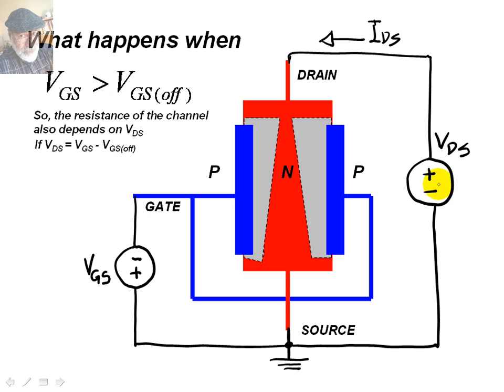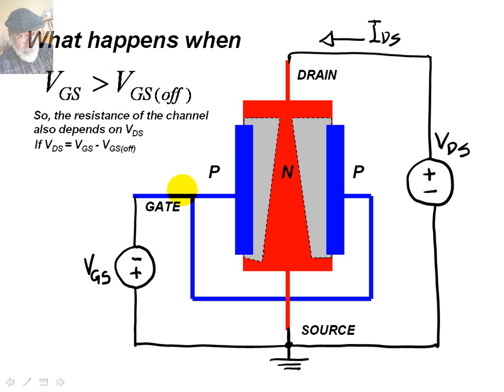What happens if we increase VDS more and more until that voltage is exactly that margin, that overdrive voltage, VGS minus VGS off? Let's see what happens. I'm going to show you that at that point the voltage between the gate and the drain will be exactly the pinch-off voltage, and there will be no channel up here at the top.